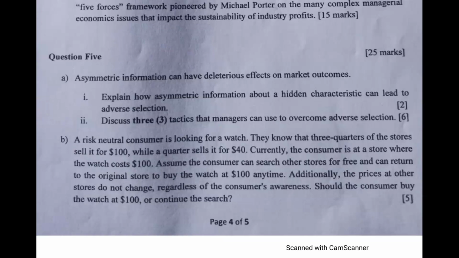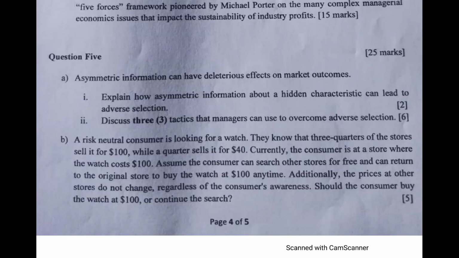So now, explain how this can lead to adverse selection. What is adverse selection? Adverse selection is the problem that happens during asymmetric information, where you choose the wrong people.